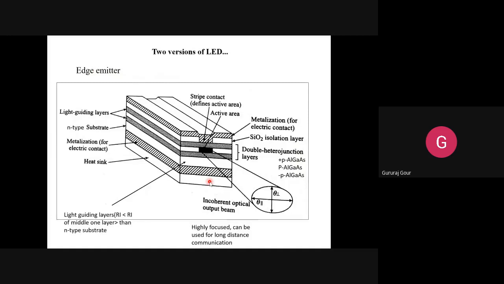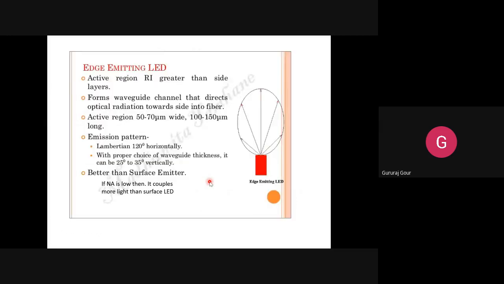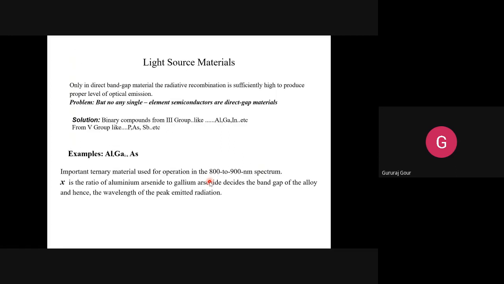We conclude that edge LED is going to give you a better performance than the surface LED, by looking at its emission pattern, which is highly convergent or directional compared to the surface LED. So you have to draw the necessary diagrams wherever required and explain in your own sentences. Later, we look into light source materials a little bit.